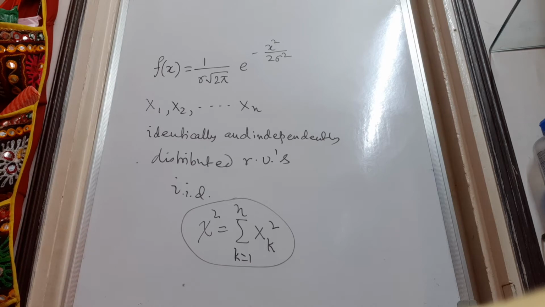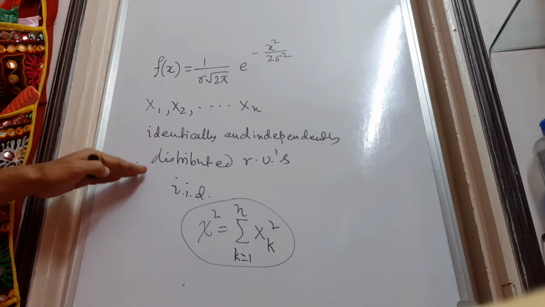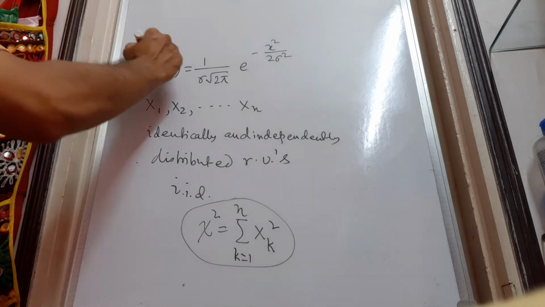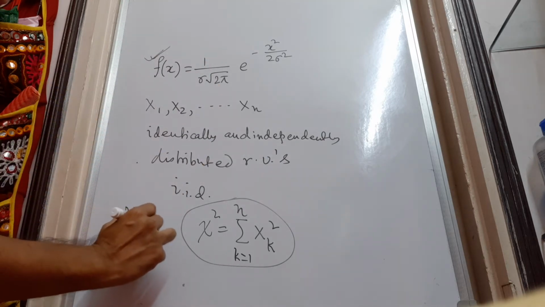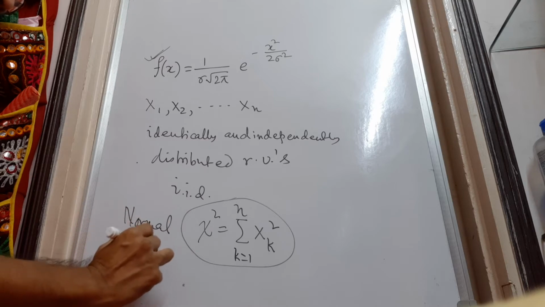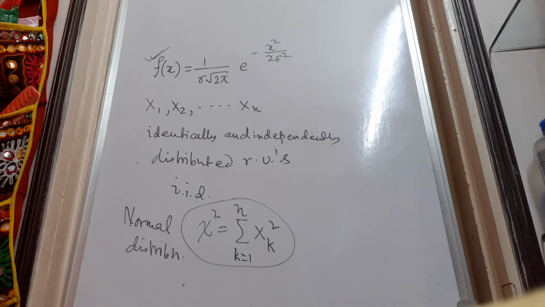So, we first have the premise that there are n identically and independent random variables having this normal distribution, and we intend to find the distribution of the sum of their squares. This is obviously x 1 square plus x 2 square plus x 3 square dot dot dot x n square.